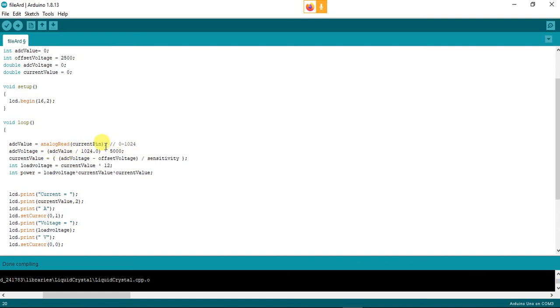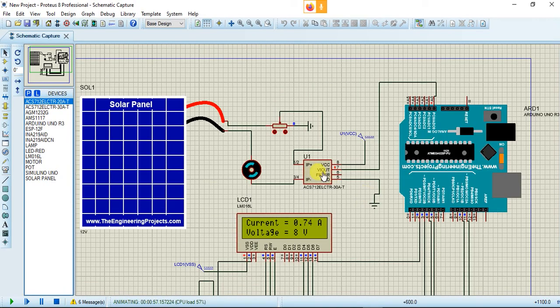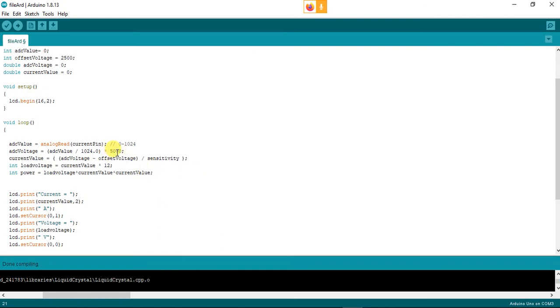If we divide this value by 1024 and multiply it by 5k, because we know our ACS712 current sensor is connected with a 5 volt DC power, that's why we have to multiply this with 5000, because this value is in millivolts.